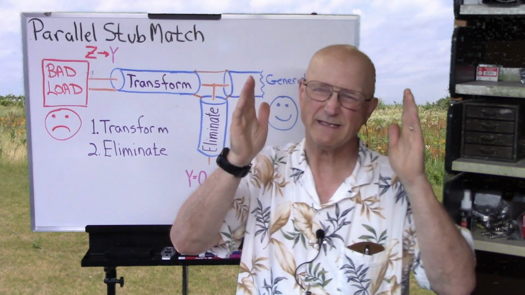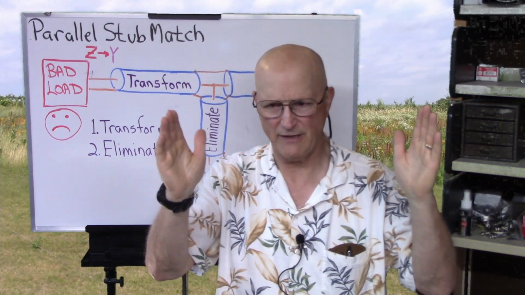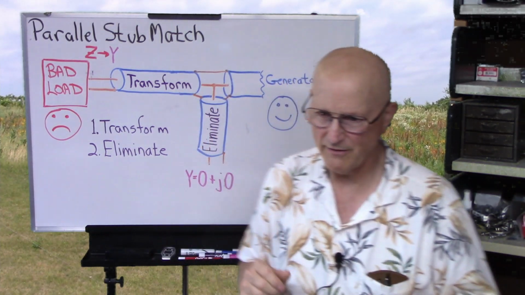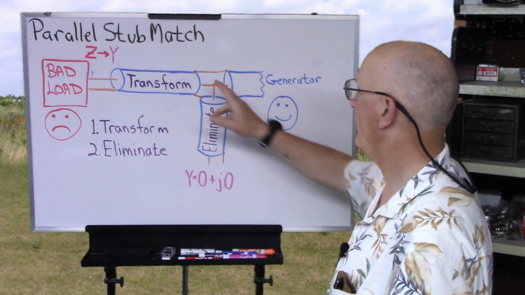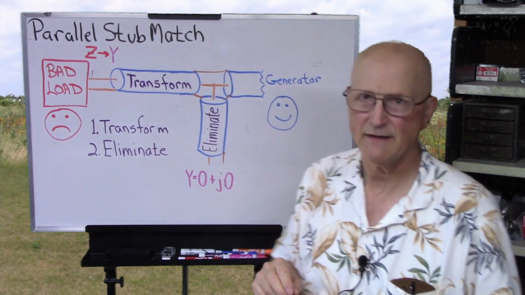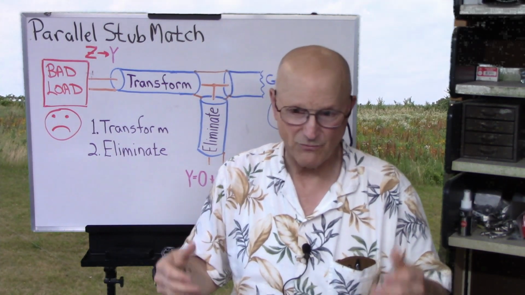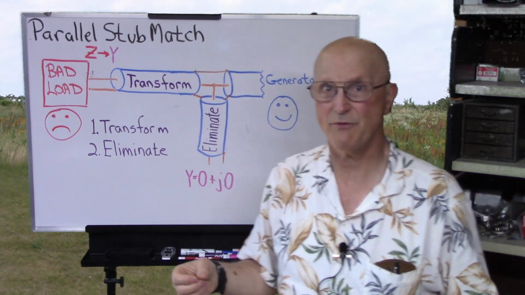Now, if we could know exactly how much transmission line we need to get to this point, then we have transformed our admittance to the place where the real part is what we want. The problem is the reactive portion of that is what is maintaining our bad SWR at that point.